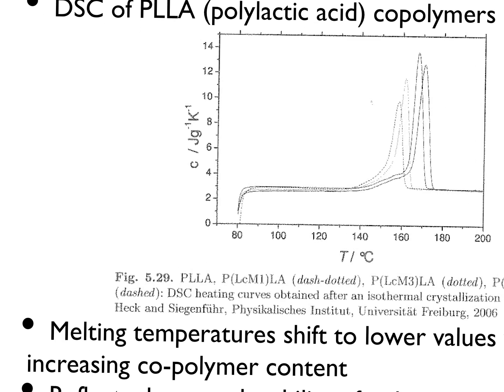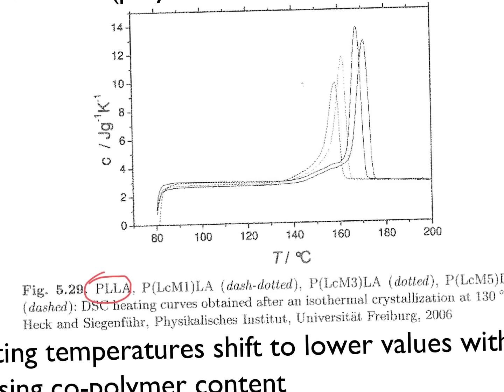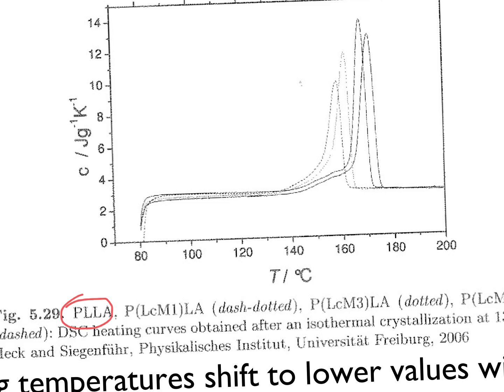PLLA in this context is this first curve, and I'm going to attempt to follow it. Forgive me if I don't do the best job because my finger is too fat. So this is showing you, trying to nail it down. That's PLLA.